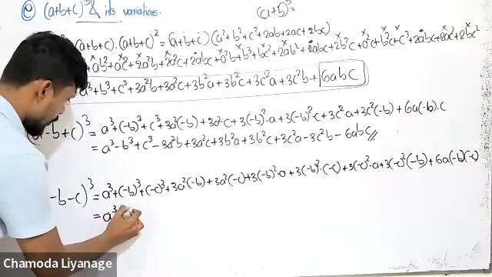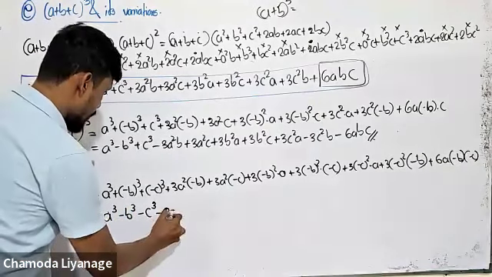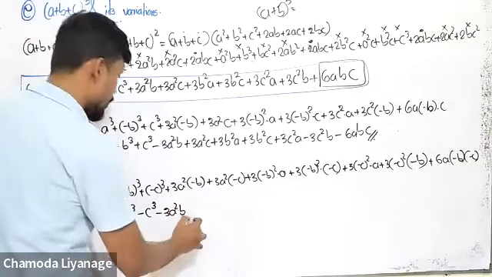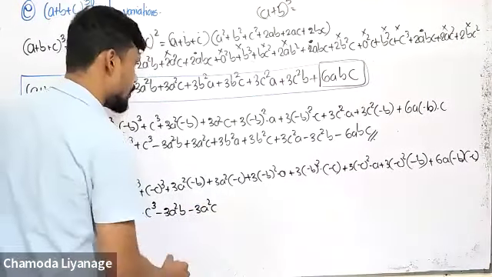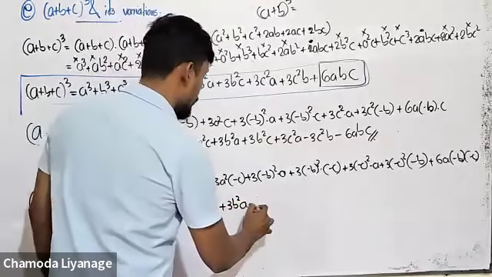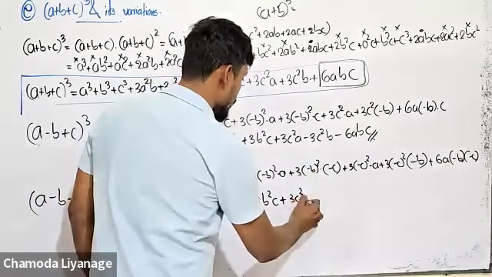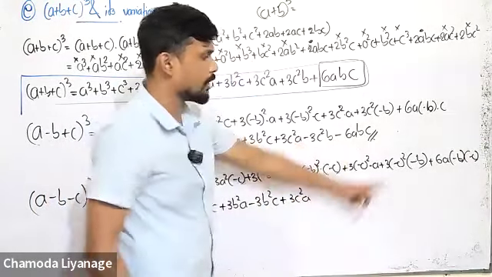a cube minus b cube minus c cube minus 3a squared into b minus 3a squared into c plus 3b squared into a minus 3b squared into c plus 3c squared into a, and here what is the sign?